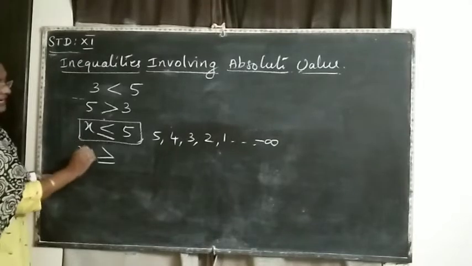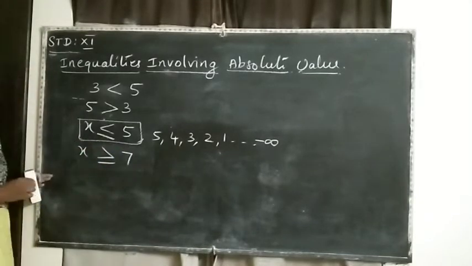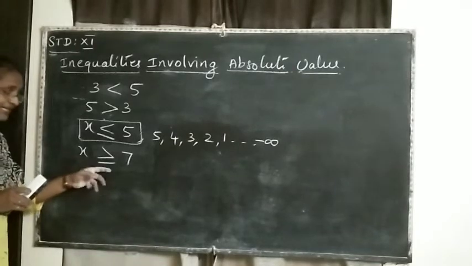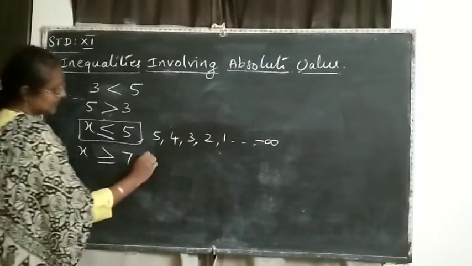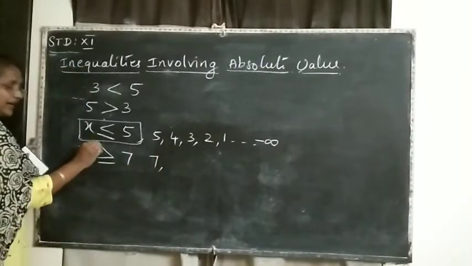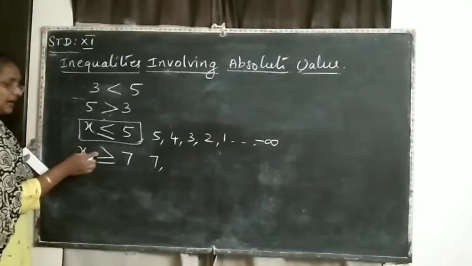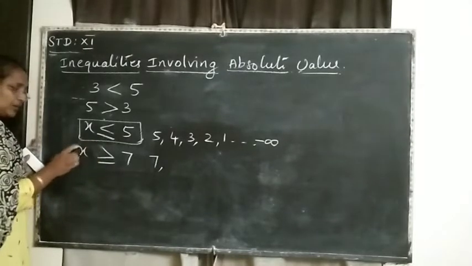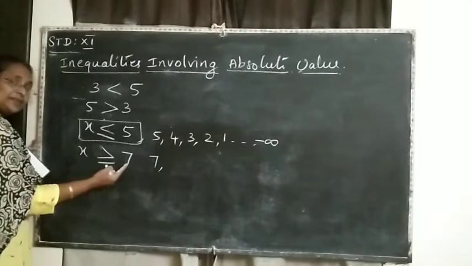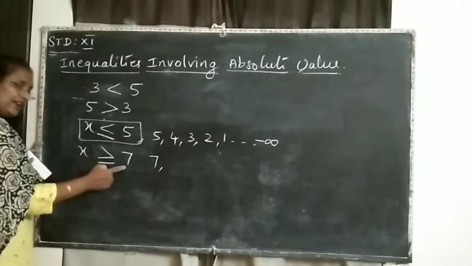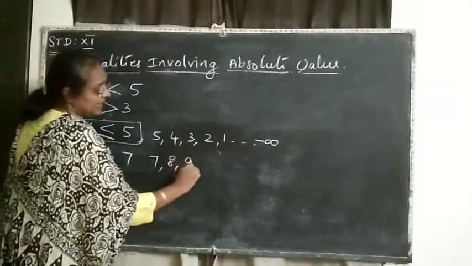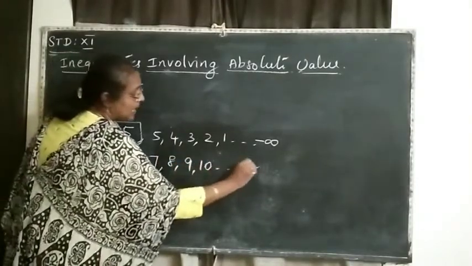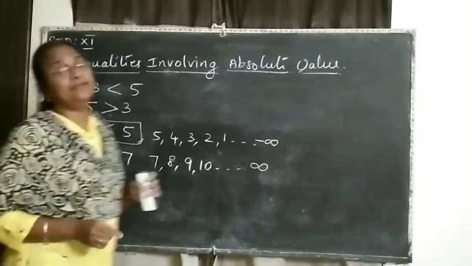Now if x is greater than or equal to 7, since equal to sign is here, I can assume that x can take the value 7. இந்த வாய் பாகம் x பார்த்து இருக்கு. அப்போ x எடுக்கக்கூடிய வேல்யூஸ் 7 விட பெருசு. ஸோ 7ஆவும் இருக்கலாம், 7 விட பெருசாகவும் இருக்கலாம். ஸோ 7, 8, 9, 10 it goes on up to plus infinity ன்னு சொல்லணும்.